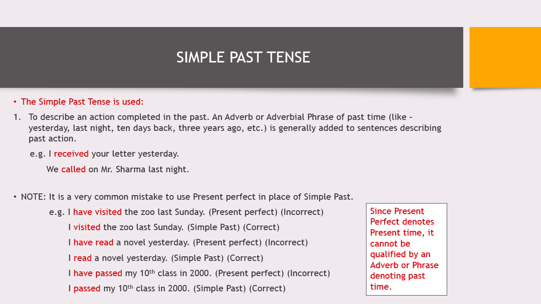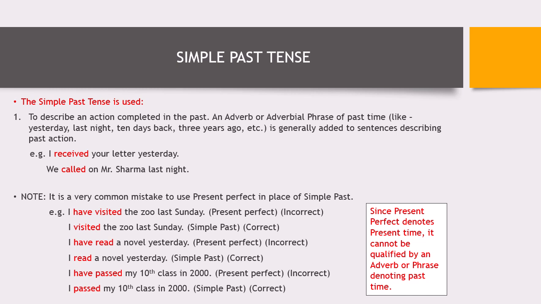Note: it is a very common mistake to use present perfect in place of simple past. For example, I have visited the zoo last Sunday. Present perfect, incorrect. I visited the zoo last Sunday. Simple past, correct. I have read a novel yesterday.